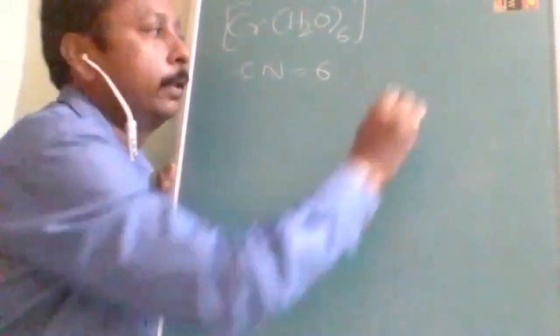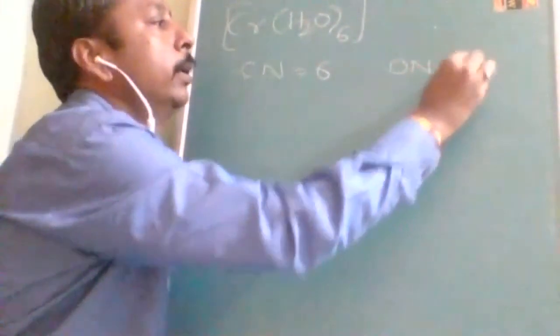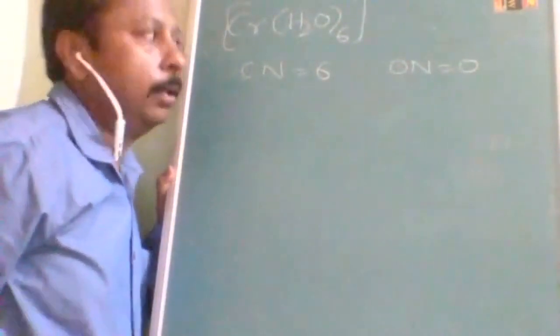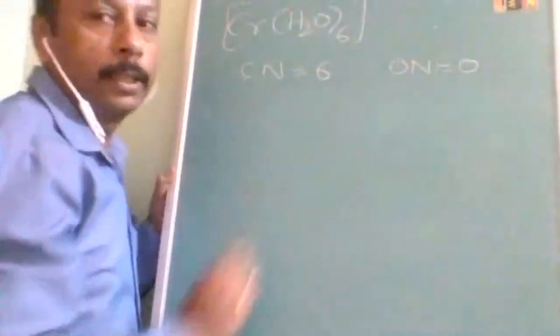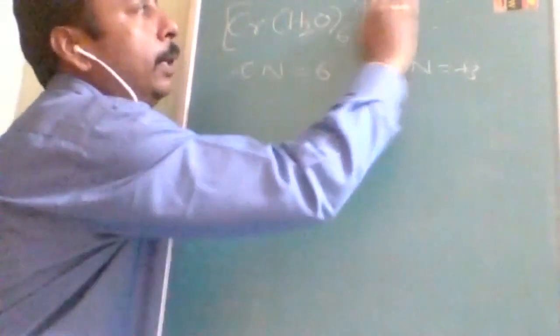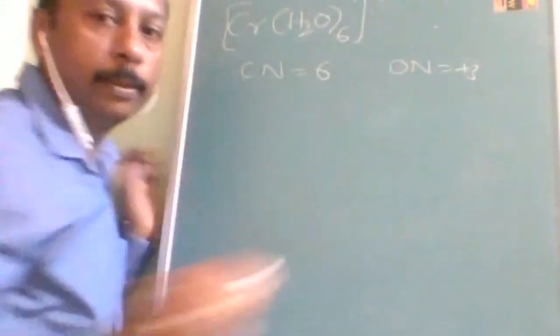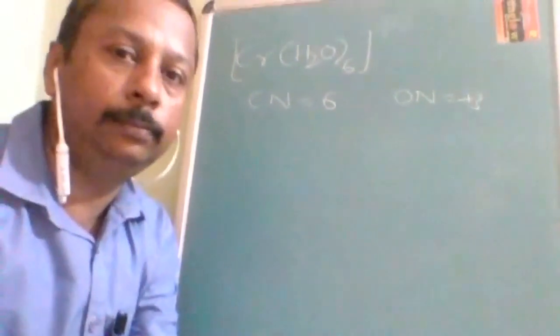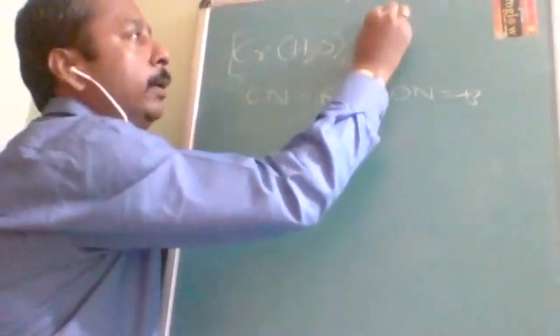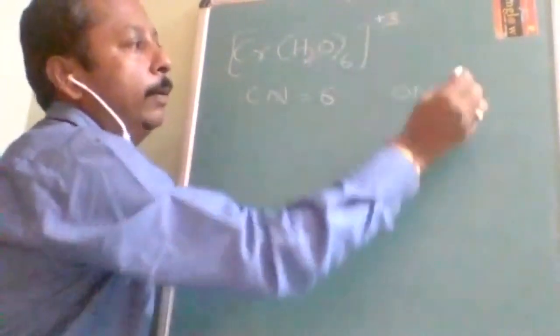So the oxidation number will be how much? The oxidation number is going to be plus 3. Okay, is it understood, students? Now, after coordination number 6 and oxidation number plus 3, from here to here.